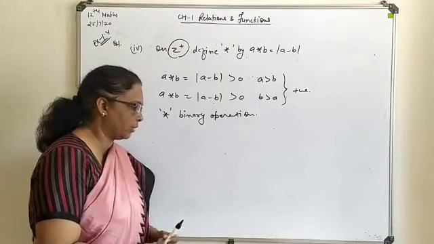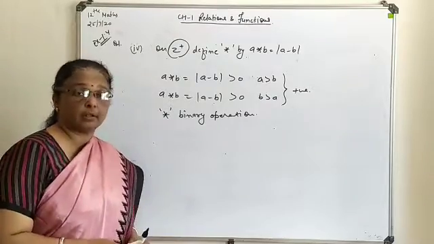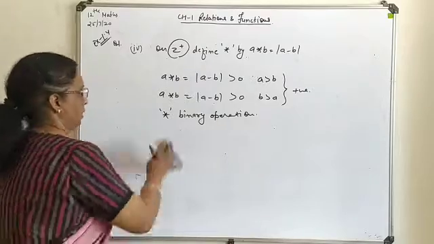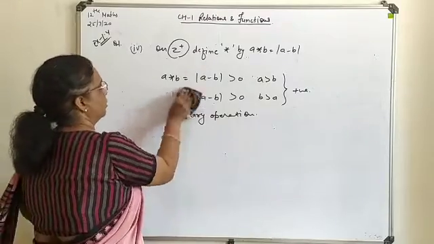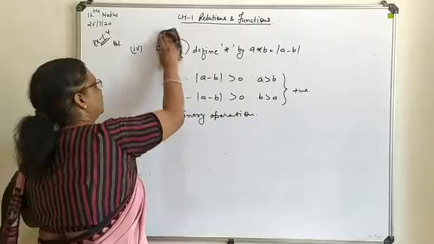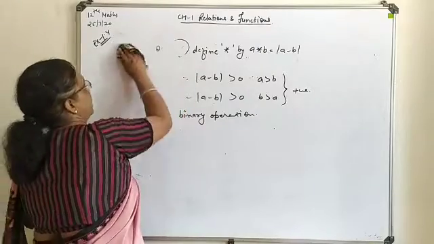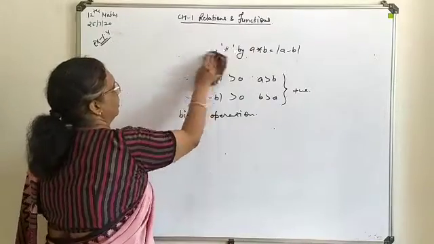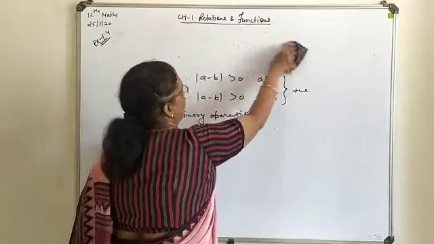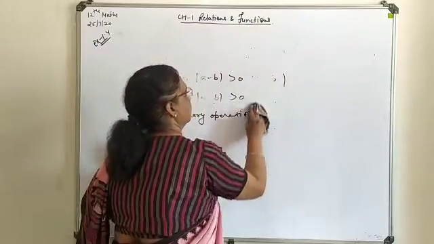So let's try to check whether the binary operations are commutative or associative. So look at question 2, in which various parts are available for checking associative or commutative law.